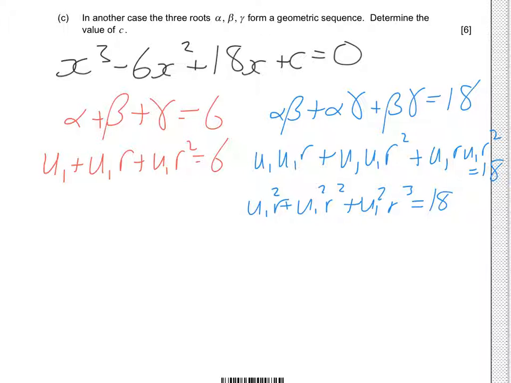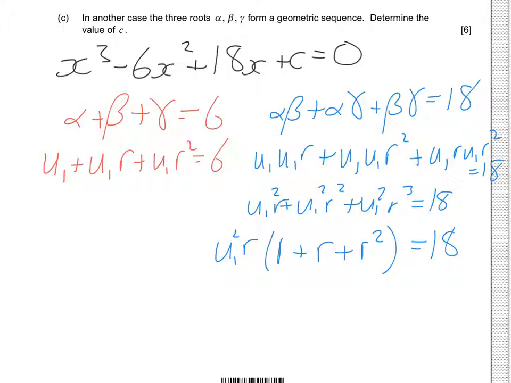I've forgotten the r there. Two equations, two unknowns. The question is, can we solve this relatively easily? Let's look at the blue one again. We can take out some factors: u1 squared r times what will be left, 1 plus r plus r squared, equals 18.